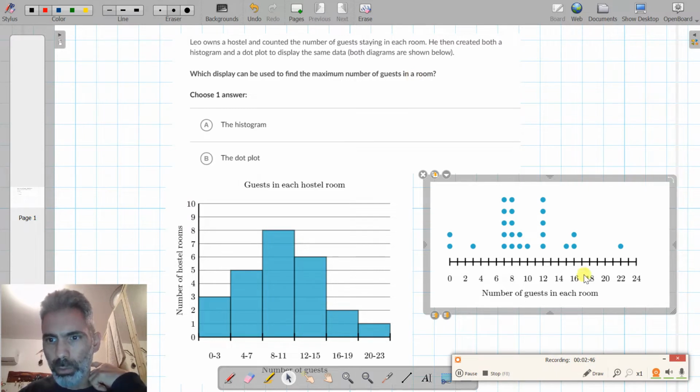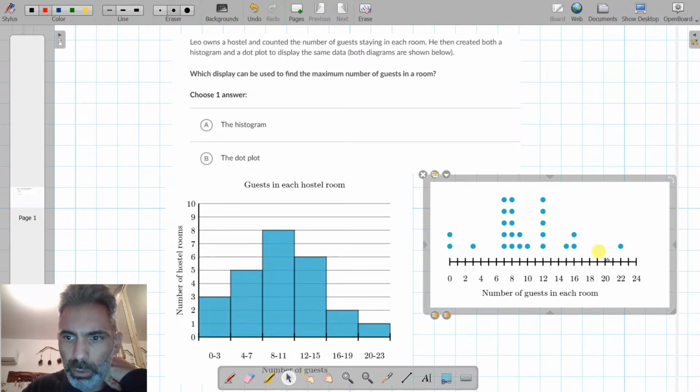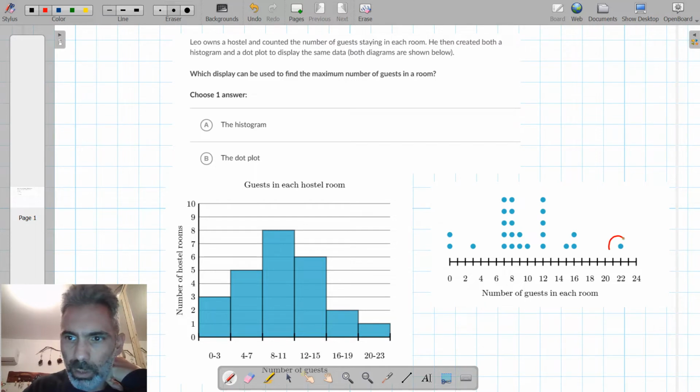Okay. So the dot plot shows us the maximum value of the data points here. You see that 22 is the maximum number, but the histogram has buckets. So we have a bucket of data values from 20 to 23, and we don't know the exact value of the maximum number in a histogram because it groups data points to buckets.